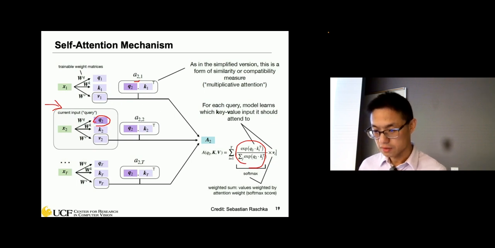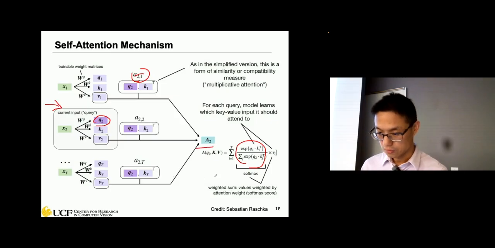Once we have these attention weights, we can multiply them with the value vectors. A21 will be multiplied with V1, and A22 will be multiplied with V2, okay? Then you sum all these weighted vectors together and you get an output.